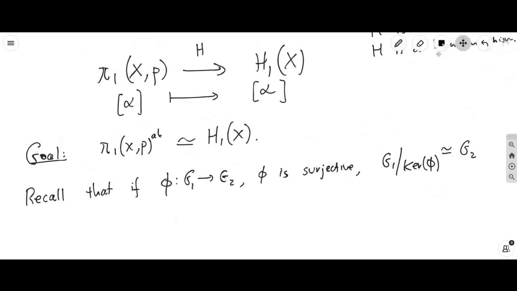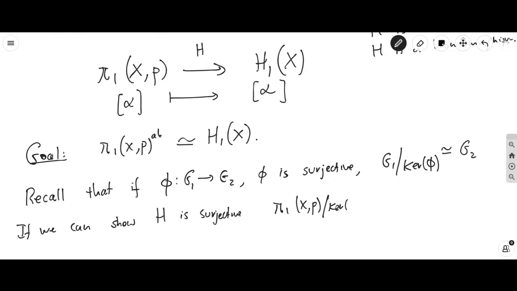If we can show that H is surjective, then that would mean that the fundamental group modded out by the kernel of H would be isomorphic to the homology group, the first homology group of X. So that's what we need to do here. So we have to show it's surjective. This is the first thing that you need to do. And the second thing you need to do is argue that this is exactly the abelianized group.